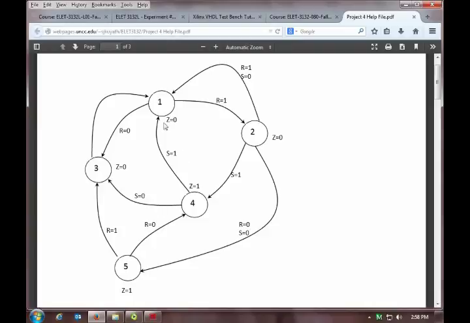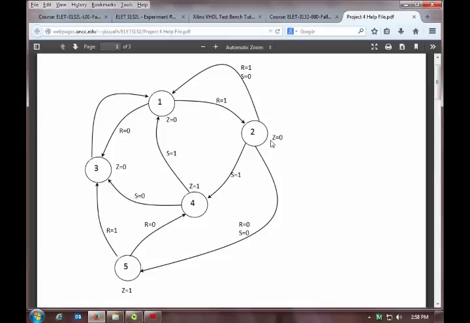I got to make sure that happens during a negative transition on the clock, because my attempt 1 VHDL file says that if the clock event and clock is low, so it's the negative edge of the clock.